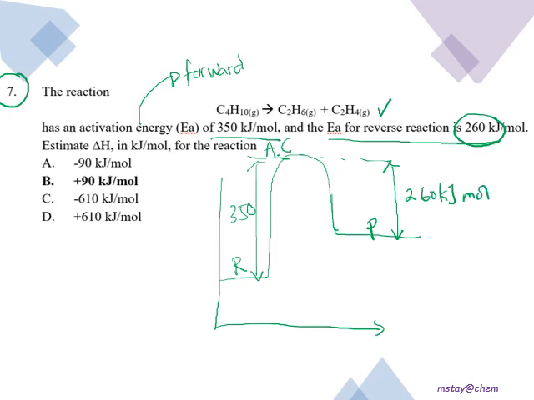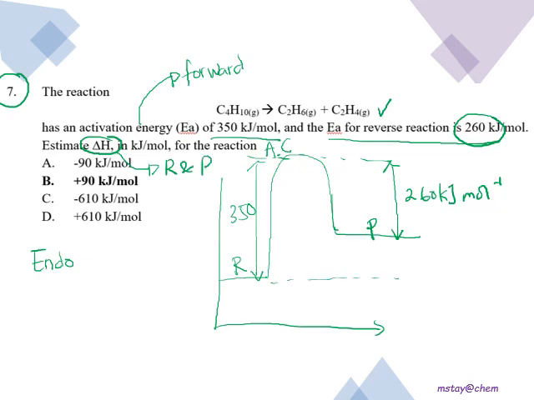From here we know that the energy of the product is higher than the reactant, so this process is an endothermic process. But don't forget, the question asks us to estimate the delta H, which is the difference between the reactant and the product.